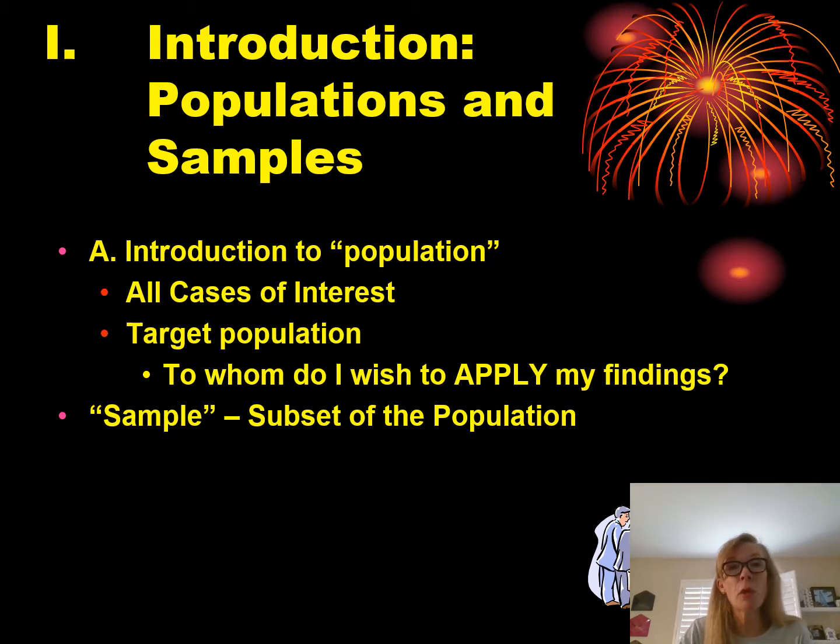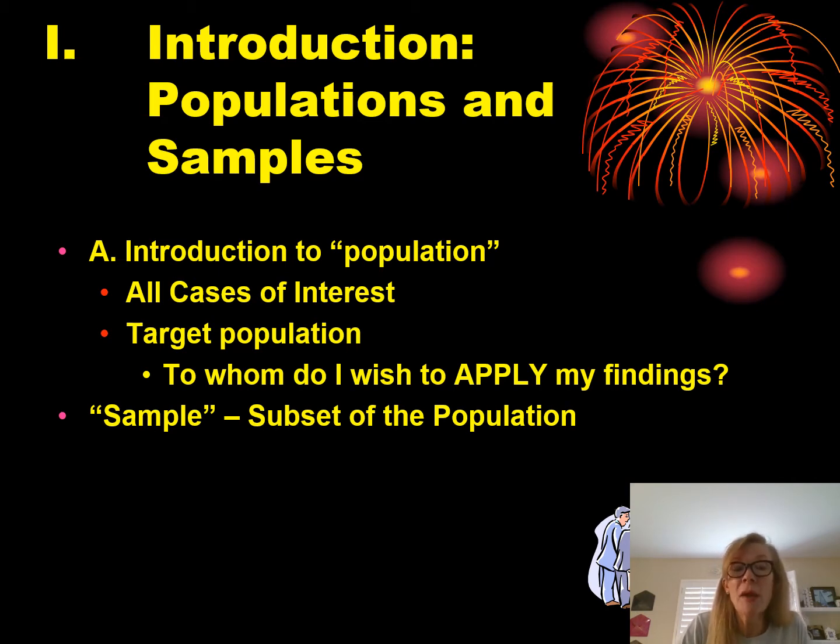So for example, perhaps my target population is college students, but I use as the participants in my study my students registered in my research methods class in the fall of 2020, okay? That's my sample or my subset, drawn out of the population, or people who are members of that population, but on whom I actually perform my study.